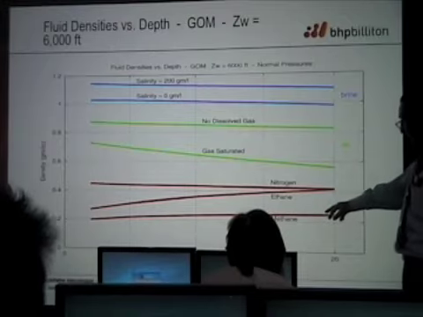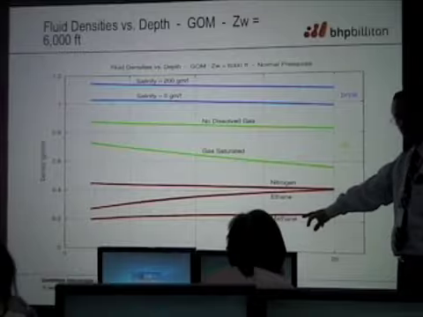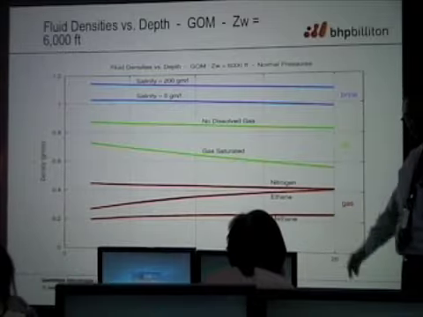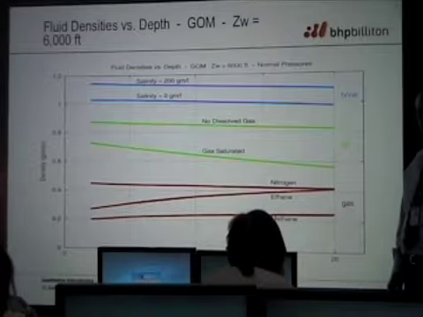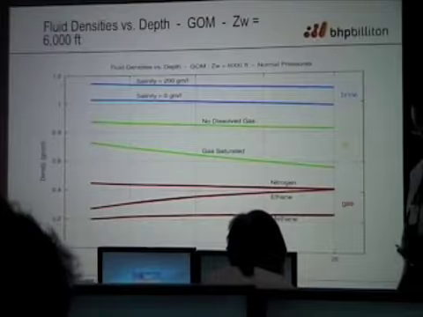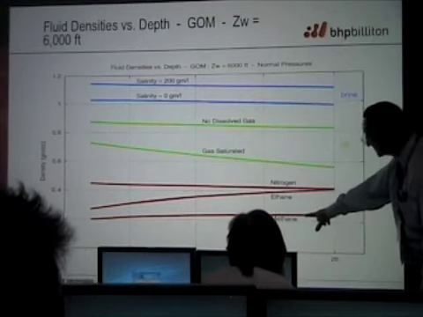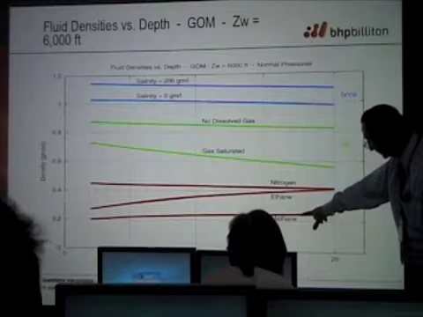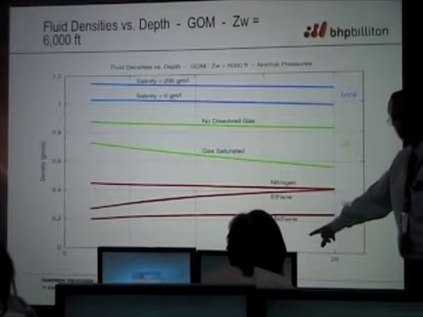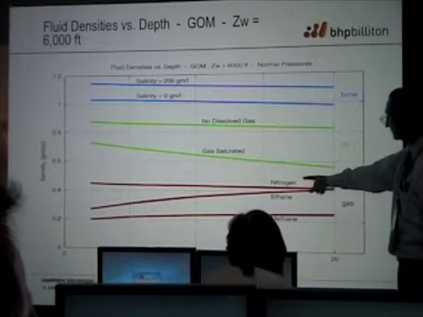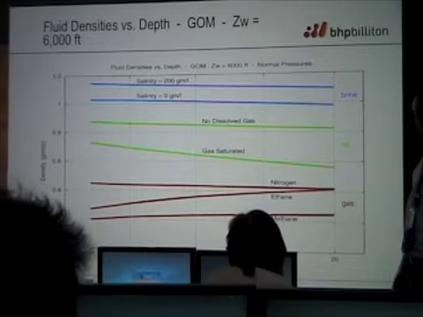So 44 relative to 16 is going to be about 2.5 or 3 times whatever methane's density is. It's about 0.23, so 2.5 times 0.23 is about 0.6. Yes, that's going to look like a gas saturated oil.